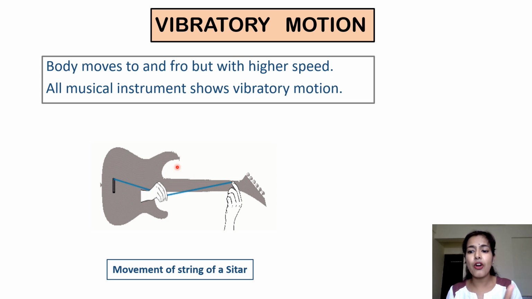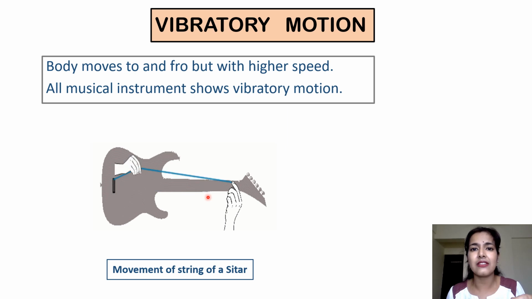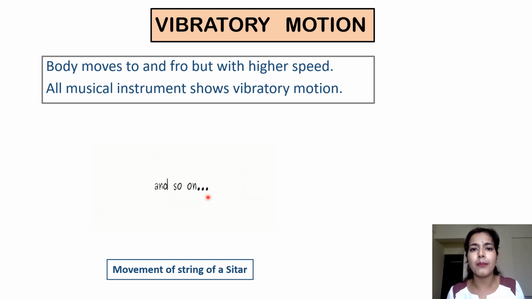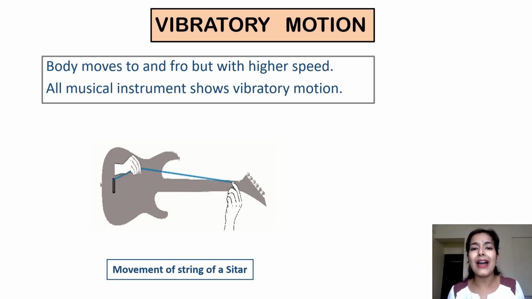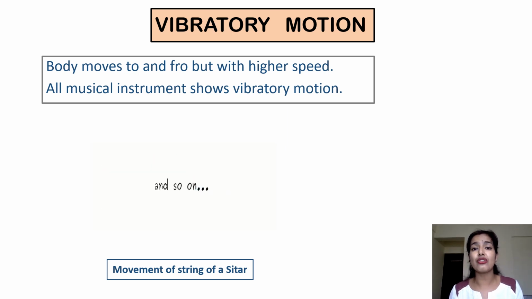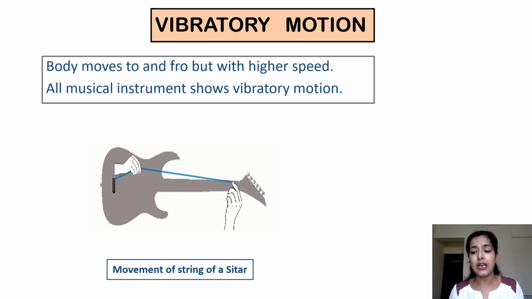The body is moving to and fro, the body repeats its motion, but its speed is more when we talk about a vibratory motion. Clear? You can take an example of a stretched string of a guitar, membrane of a drum. These all perform a vibratory motion. Our musical instruments perform a vibratory motion.